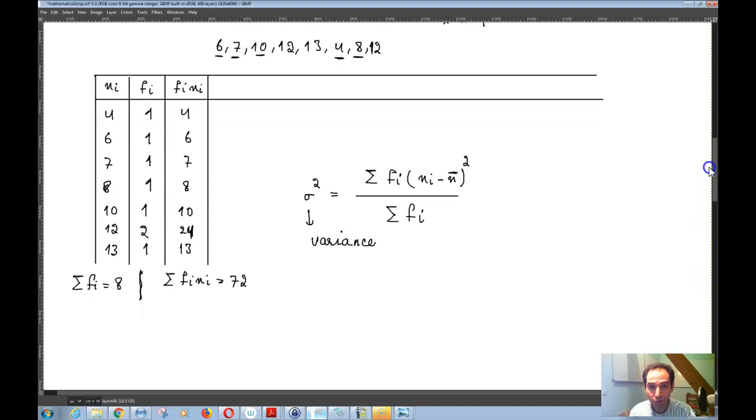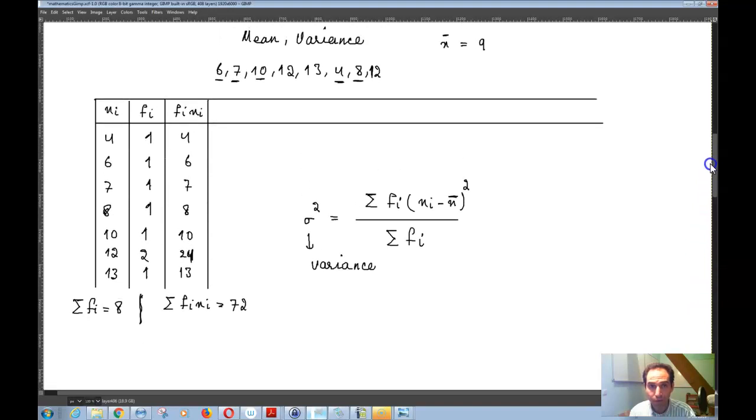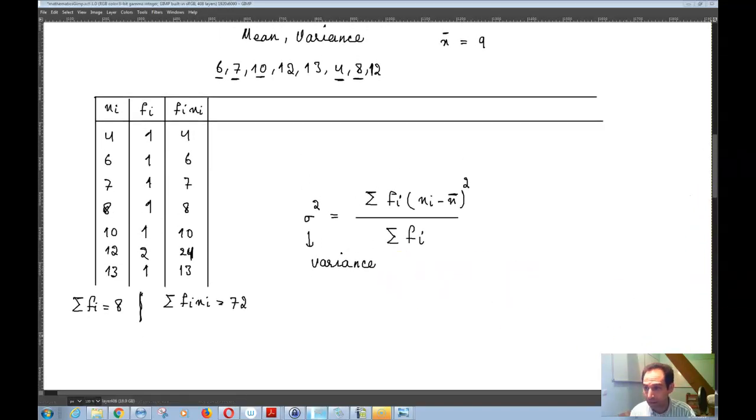Now, what's important here is that suppose you want to find the variance of this data that you have over here, which is sigma squared, sigma f of I times x of I minus x bar whole squared over sigma f of I. In order to do that, you need to calculate x of I minus x bar whole squared.